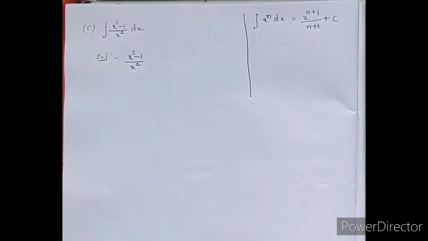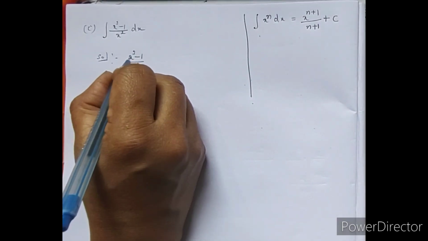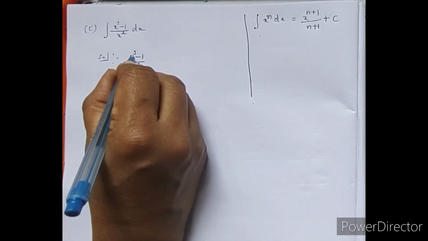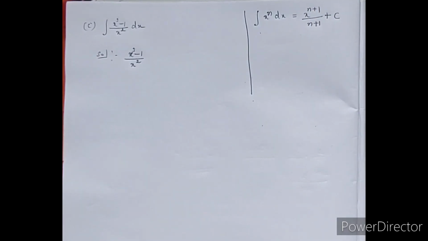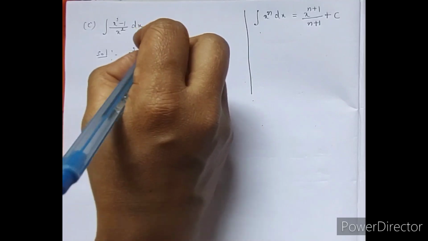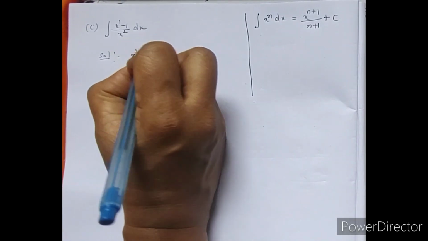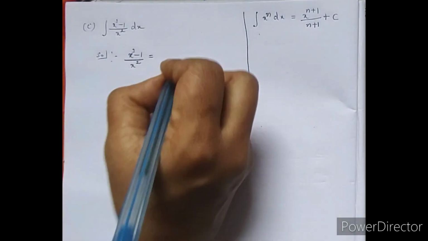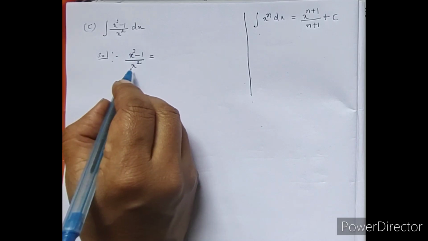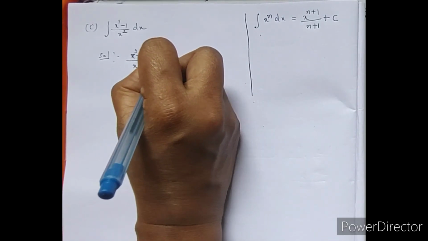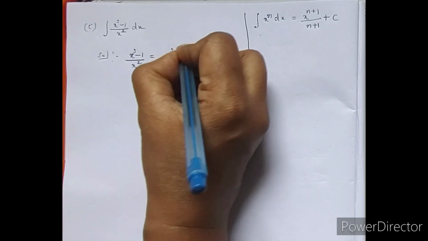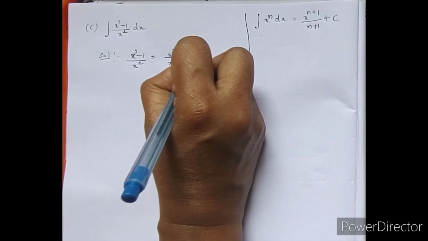So first we have to write this x cube minus 1 divided by x square in terms of x raised to some power of n, so that we can apply the formula. So we shall simplify this. x cube minus 1 divided by x square can be written as x cube divided by x square minus 1 divided by x square.